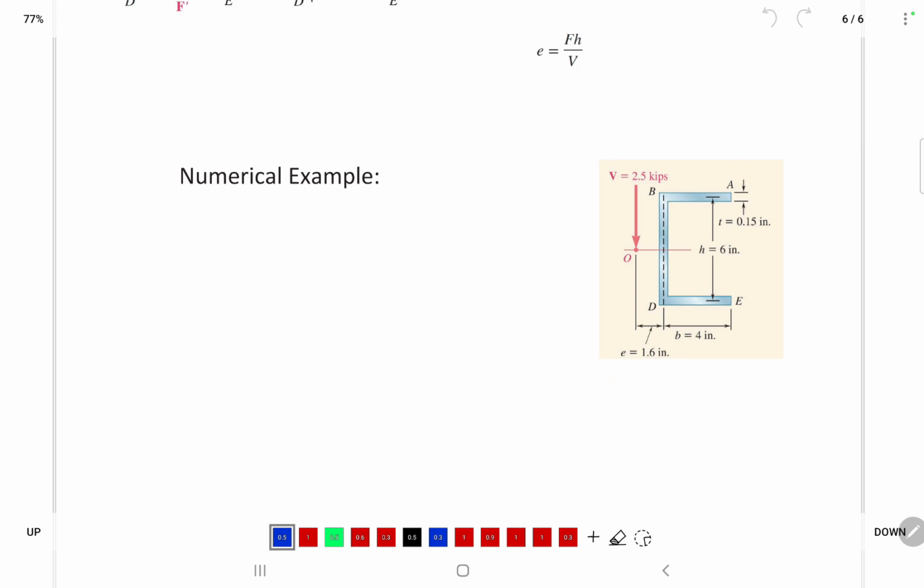Okay. Number one, the first step here is to calculate tau.